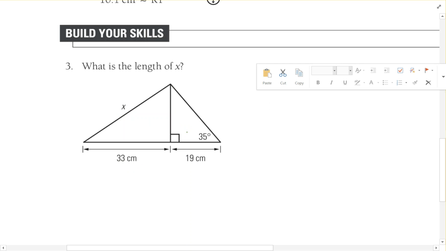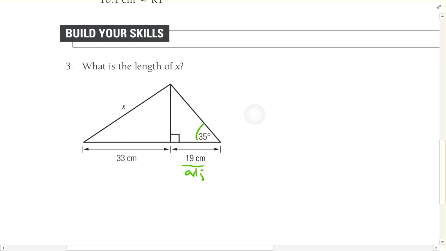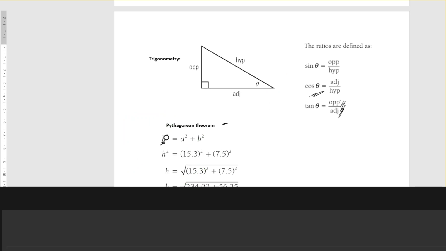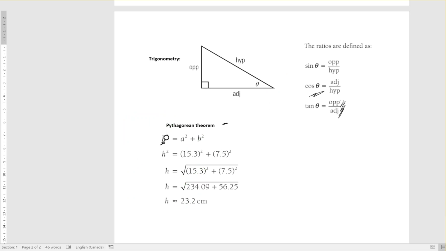So here's our angle. 19 is going to be our adjacent side, so that makes this our opposite side of our triangle. Look back to your sheet, and we can see which of them deals with opposite and adjacent. Well, that's this one: tan theta is equal to opposite divided by adjacent.